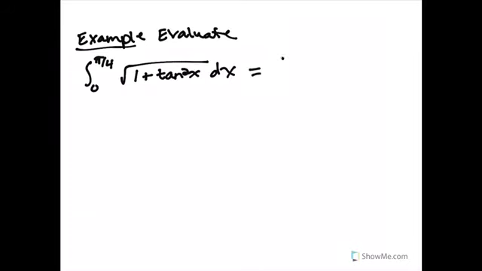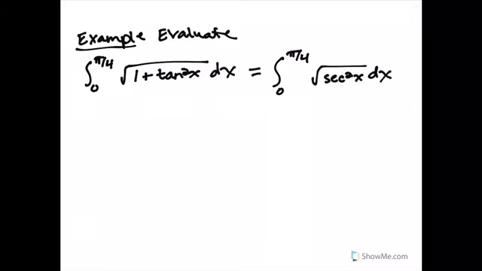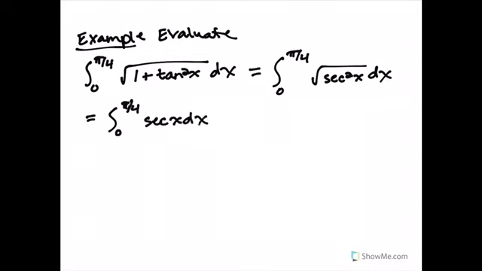In this case, 1 plus tangent squared is equal to secant squared. And what happens when we take the square root of a square? They cancel out. So this is really the integral from 0 to pi over 4 of just secant x dx.